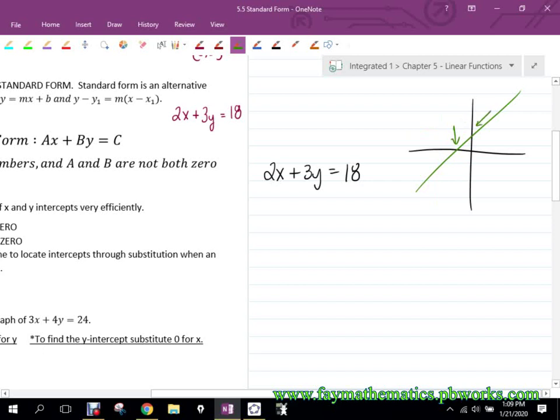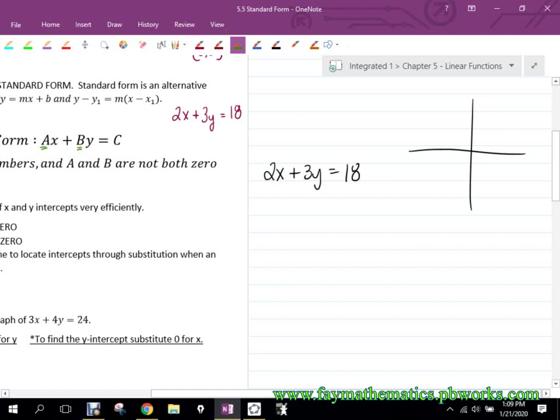Okay. So if I look at something like that, that's going to have an x-intercept there and a y-intercept there. Does that make sense? If I look at maybe something like that, there's your x-intercept, there's your y-intercept, okay? Every line that is non-vertical or non-horizontal is going to have one of each. That being said then, if I've got an equation in standard form where a and b, the coefficients for x and y, are both non-zero, I'm going to have one x-intercept, I'm going to have one y-intercept.